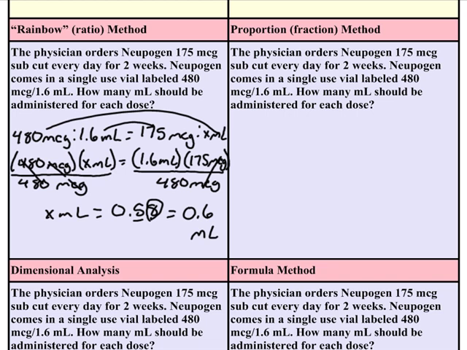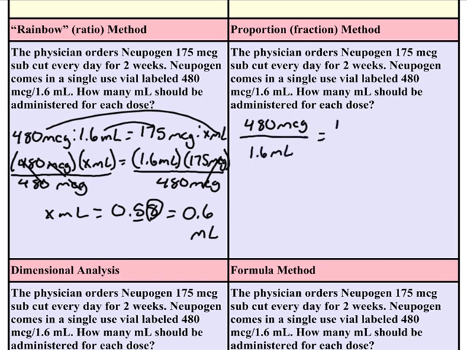We can do the same calculation using the proportion method or the fraction method. In this case, we're going to set up a fractional relationship between micrograms and milliliters. We can see from the problem that there's 480 micrograms in 1.6 milliliters.